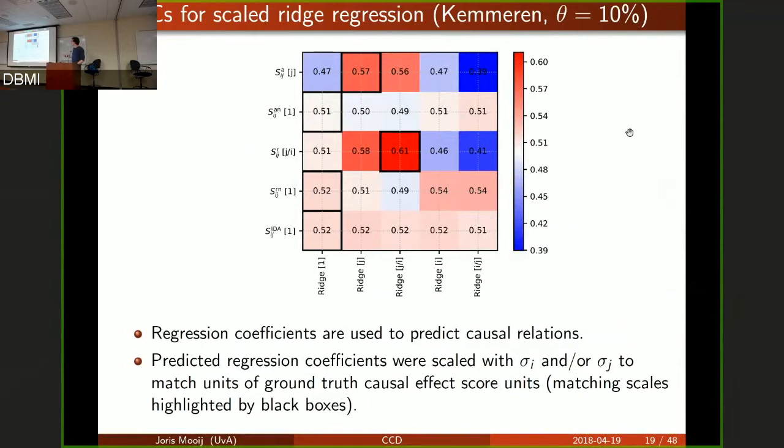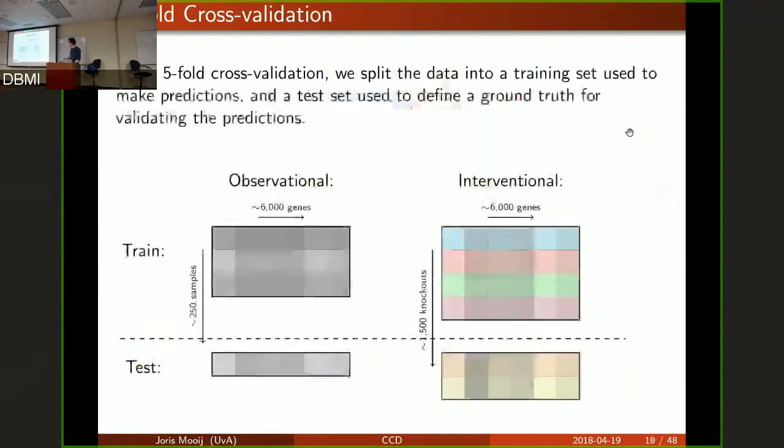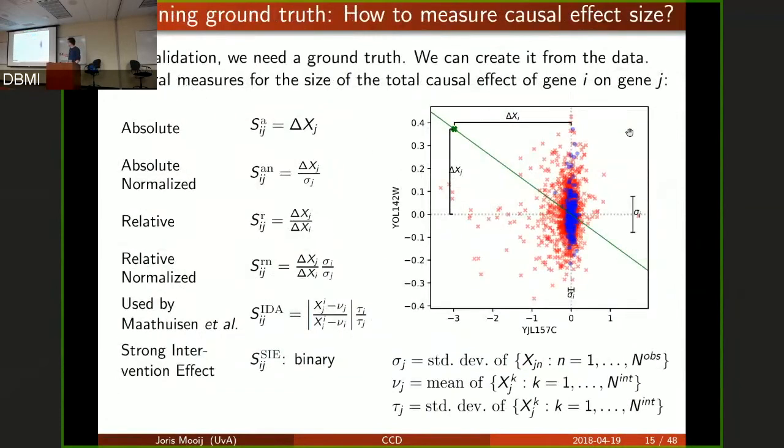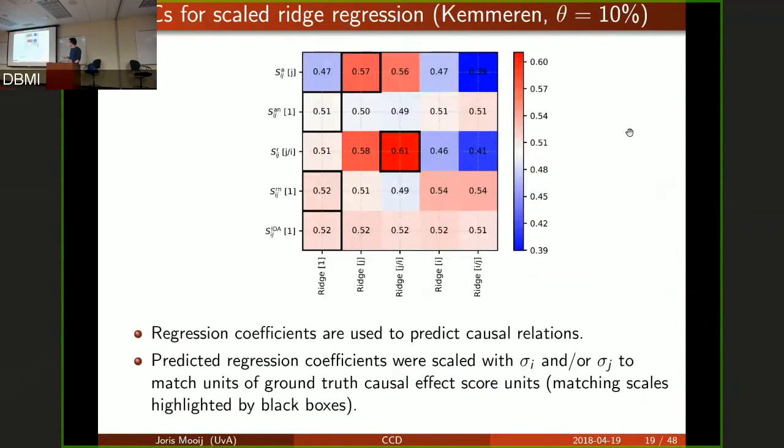So here, for example, unscaled ridge regression, which gives a regression coefficient in units j over i, has an AUC of 0.61 if we use this relative ground truth, which uses the slope of this line as the ground truth measure. So it is interesting that the scaling has so much of an effect.